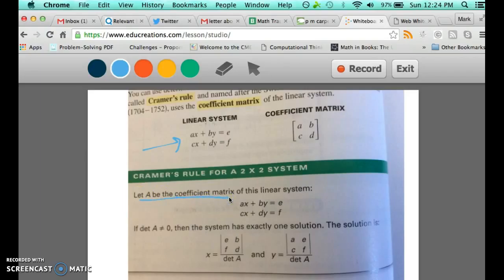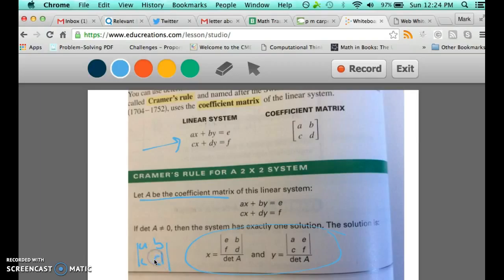And we can basically solve for x and y by using this ratio of determinants. And basically, your book has written determinant D, and what they mean by that is simply A, B, C, D.